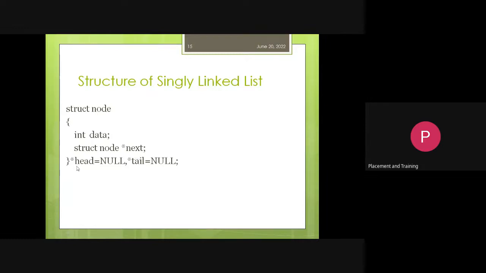Here we have two extra objects for pointing to the nodes present in our list. One we have as head, the other as tail. These two are initially initialized to null. This means that we don't have any node or any address present in head and tail.